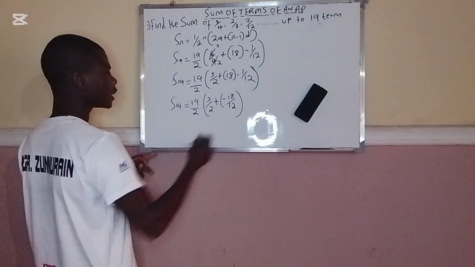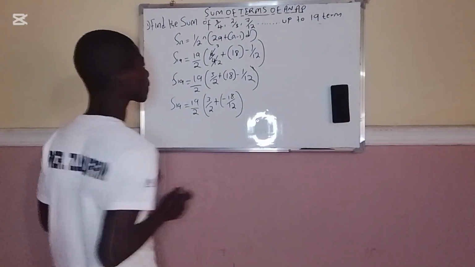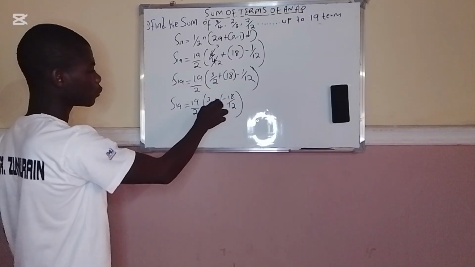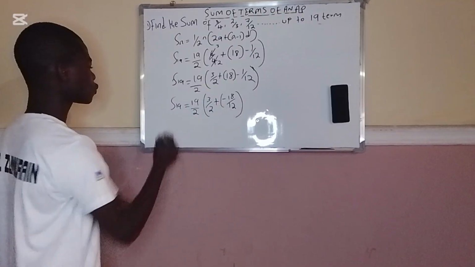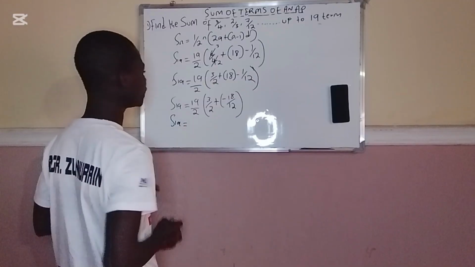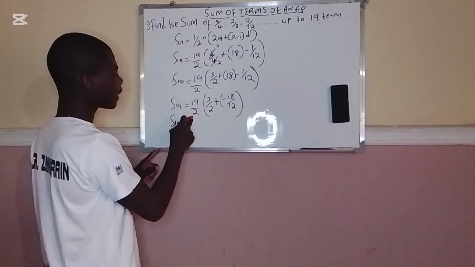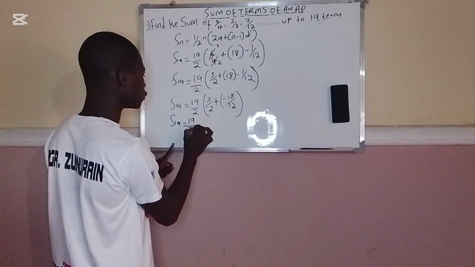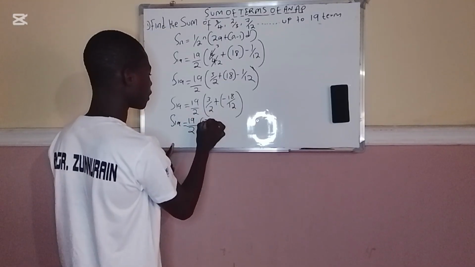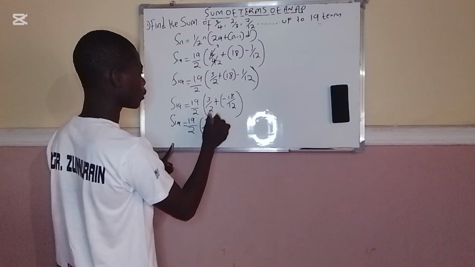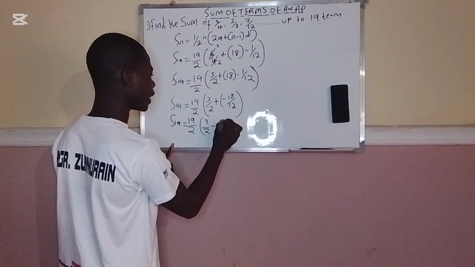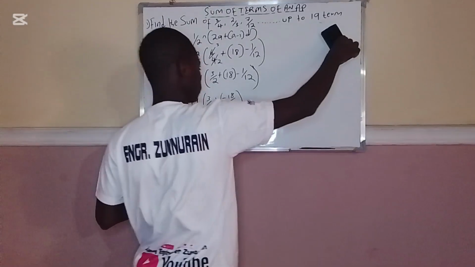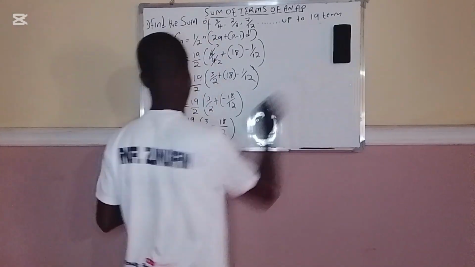The next thing is that I have a positive sign and a negative sign here. Let me first simplify this: S of 19 equals 19 over 2 times the bracket 3/2 minus 18/12.